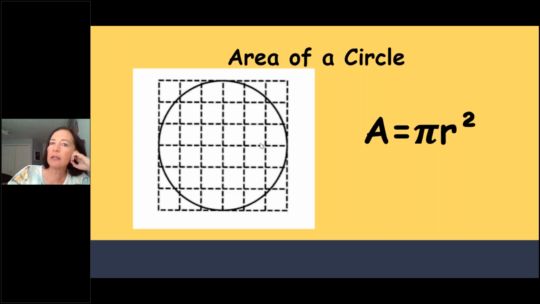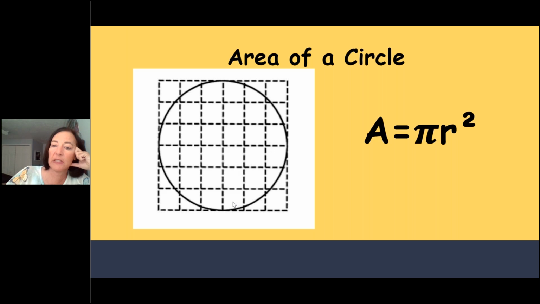So when we're talking about the area of a circle, again, our units are going to be square units because it's how much area is inside our shape. But you can see here, counting the square units isn't going to be very helpful because many of the square units have been split into smaller pieces, and it's not going to be easy to estimate how big those are going to be.